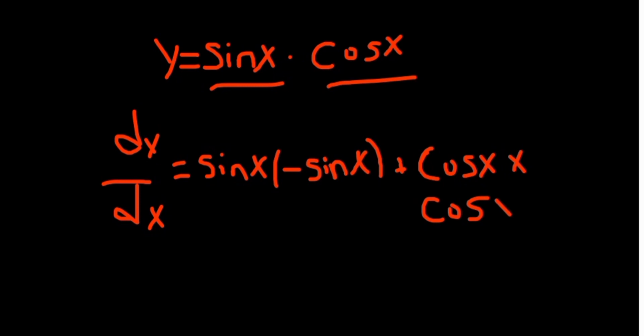I've written it down because there's not enough space. Sine x times negative sine x is going to be negative sine squared x. So negative sine squared x plus cosine squared x.